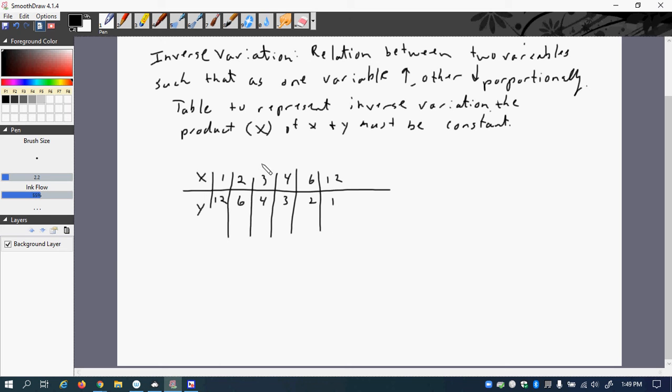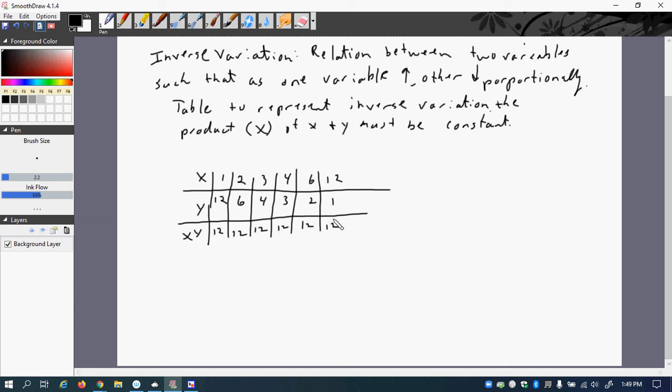Then for this table to have an inverse variation relation, we have to take the x and the y and multiply them. If I multiply them, 1 times 12 is 12. 2 times 6 is 12. 3 times 4 is 12. 4 times 3 is 12. And so forth.